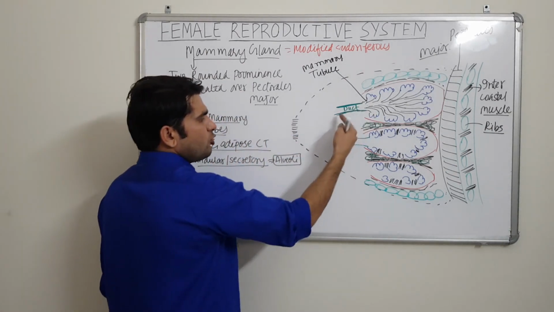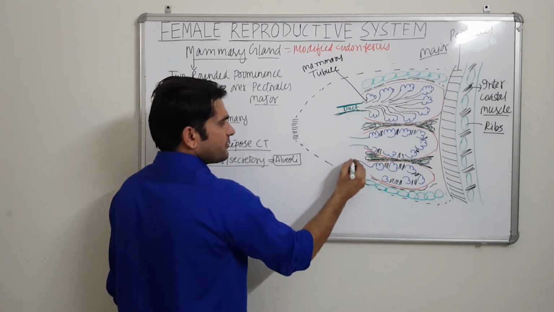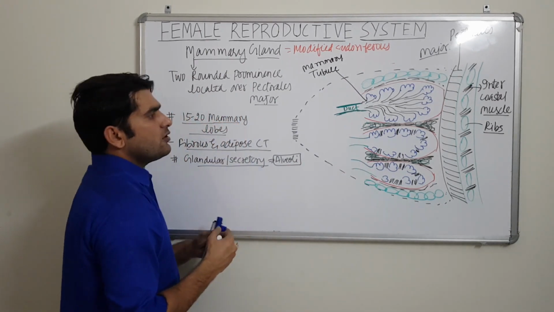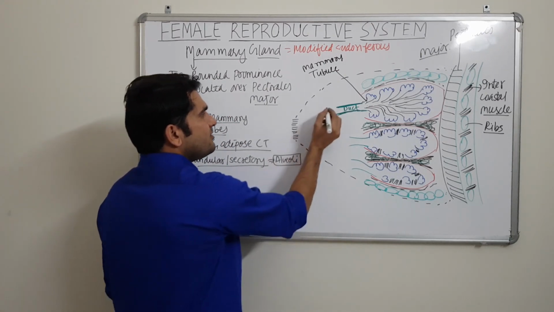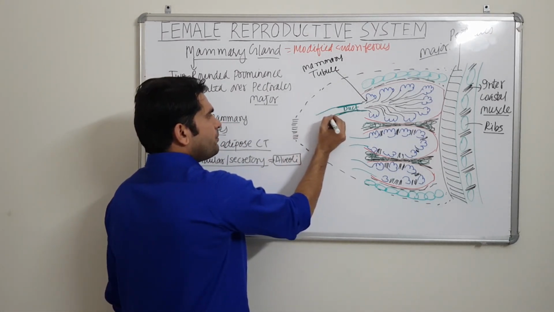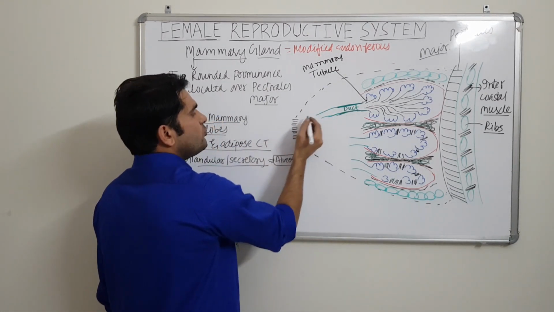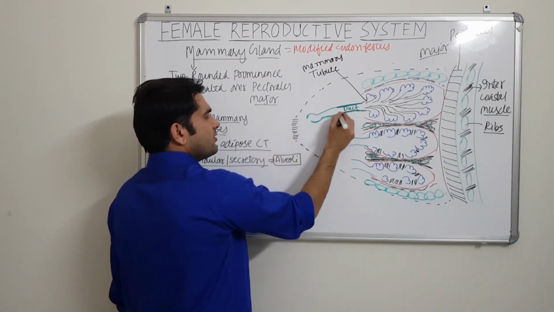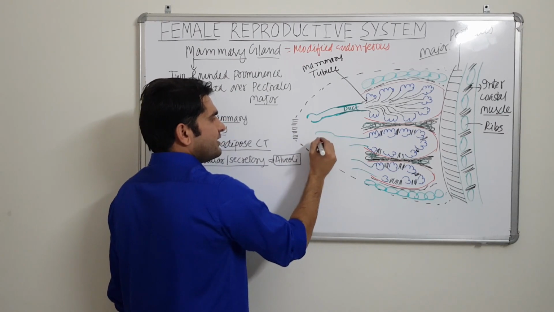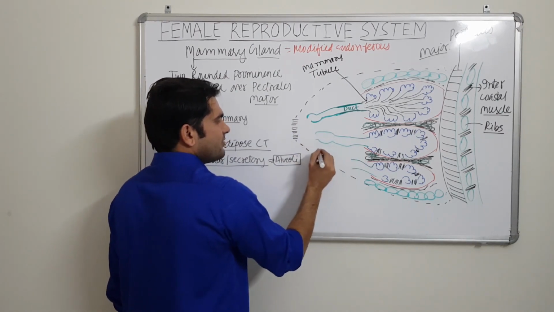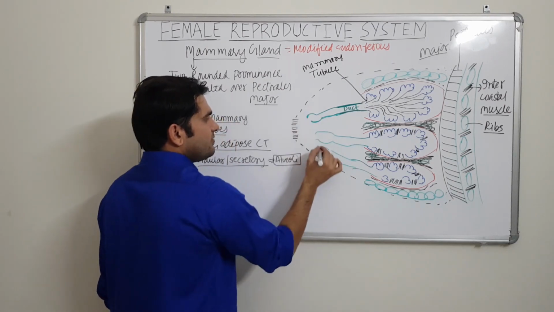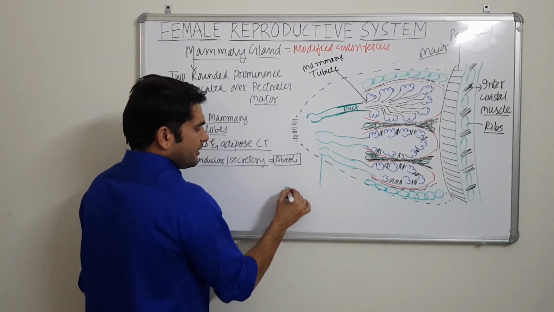So from each lobe arises one mammary duct. And the mammary duct is formed by the joining of which tubule? Mammary tubule. And these mammary ducts, before opening outside into the nipple, dilate something like this. Each mammary duct dilates, and this dilated part is known as the mammary ampulla.